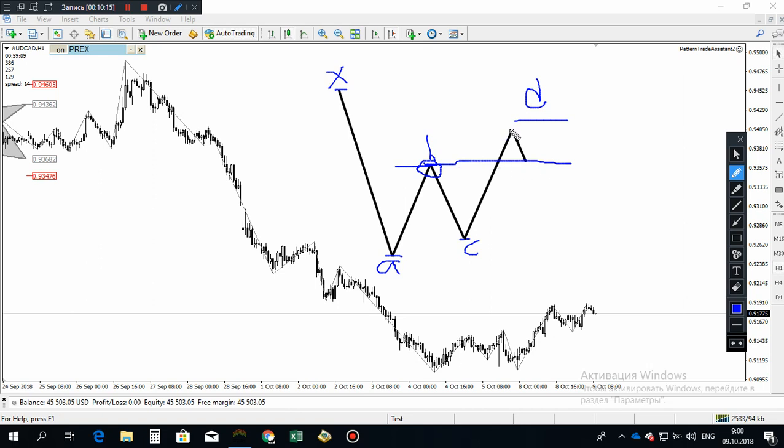So if price came close to your entry and it hit your targets and then it reversed, so basically this is already a pattern that hit some targets, and you should not enter it for the second time.